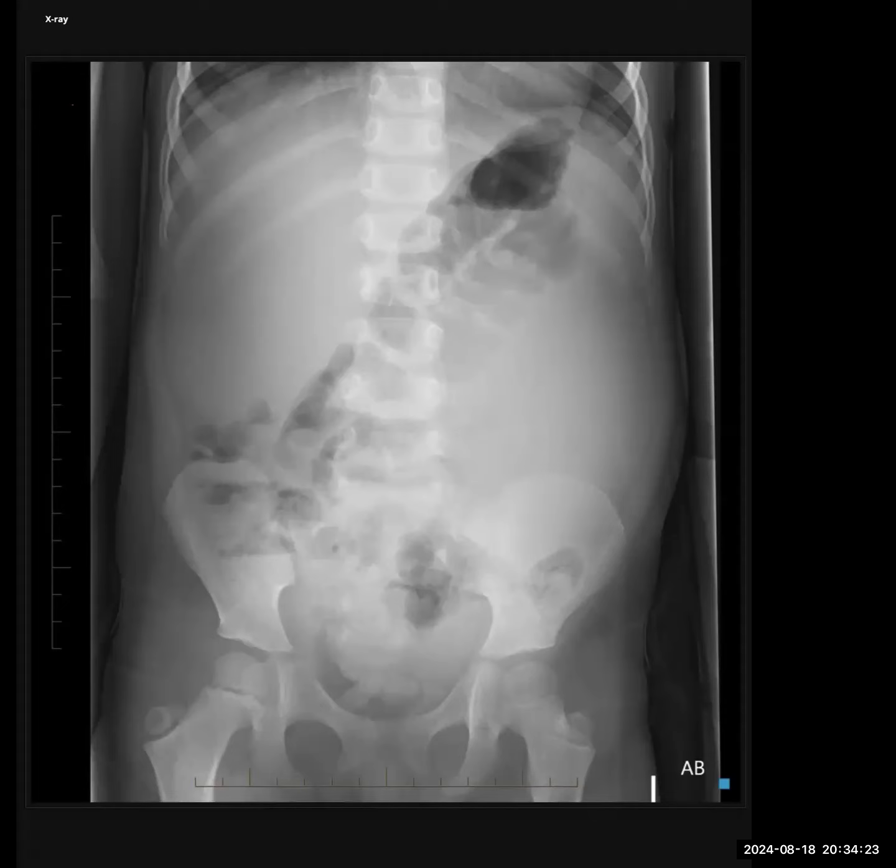I'm looking at the bones. The vertebrae appear unremarkable. The rest of the bones seem normal. No obvious evidence of any fractures or any evidence of avascular necrosis.